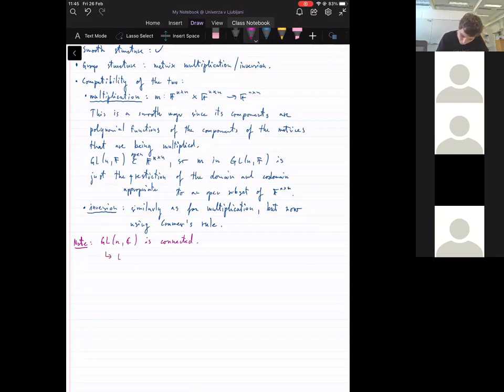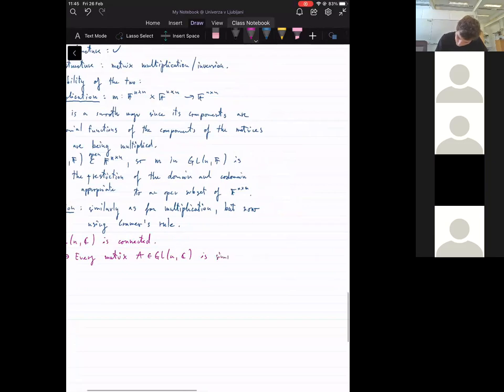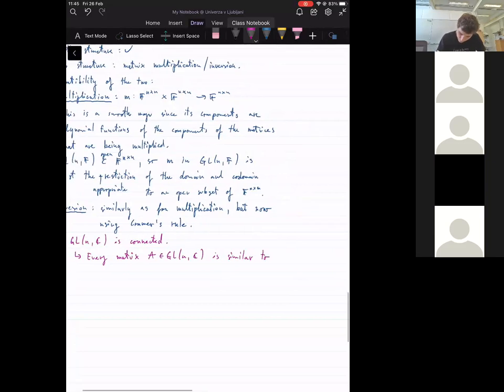So every matrix A from GL_n(C) is similar, podobna in Slovene, to an upper triangular matrix.